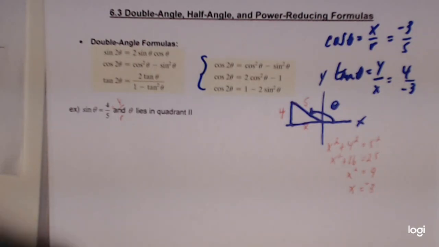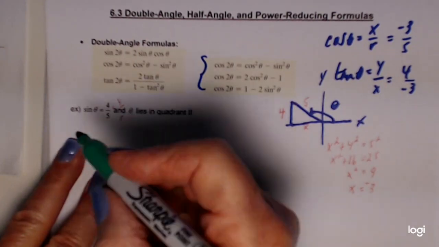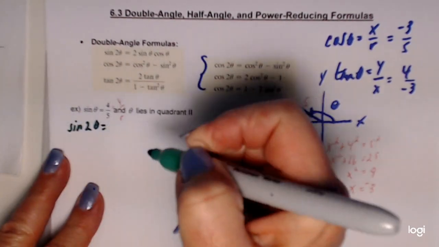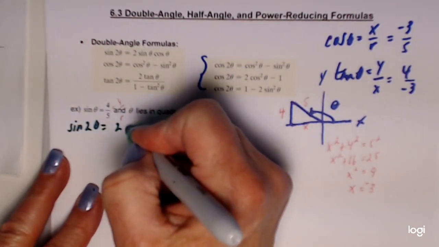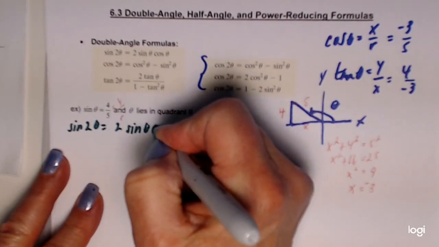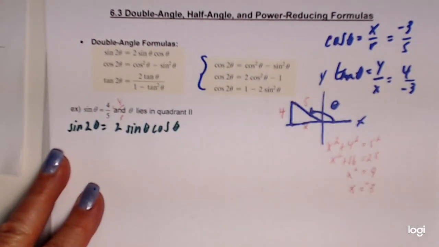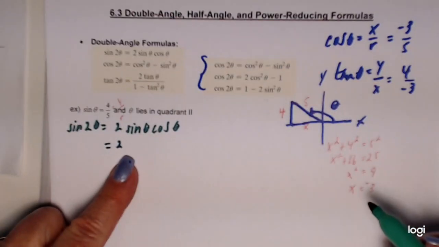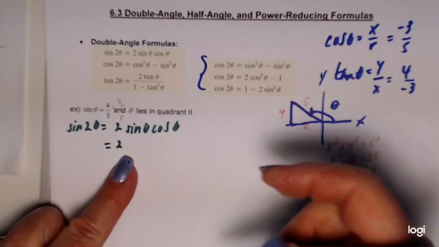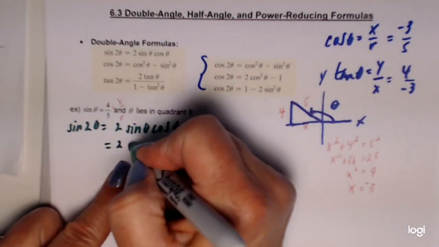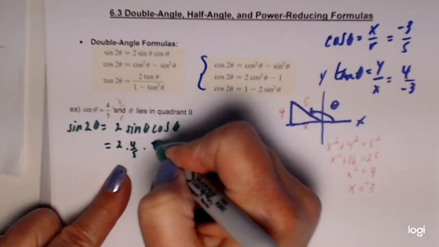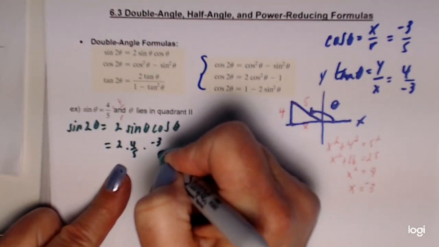So looking at the sine of 2 theta, using our formula is 2 sine theta cos theta. So there's our formula. Now we'll put our values in. We have the sine of theta is 4/5, and the cosine of theta is -3/5.